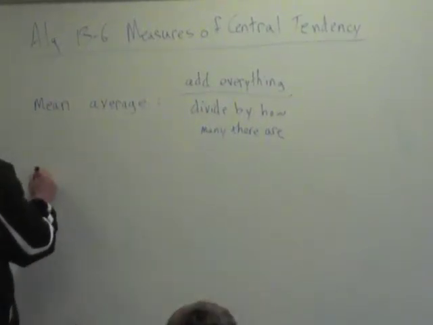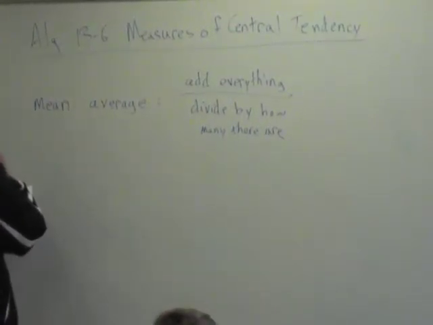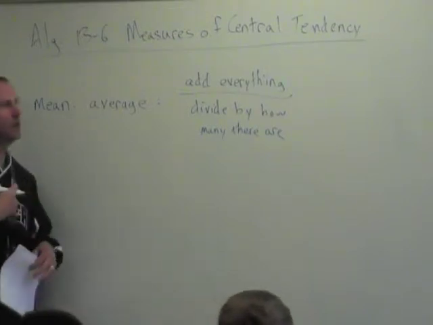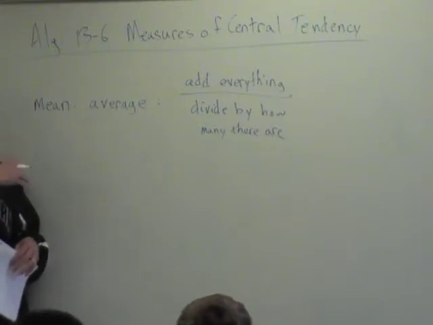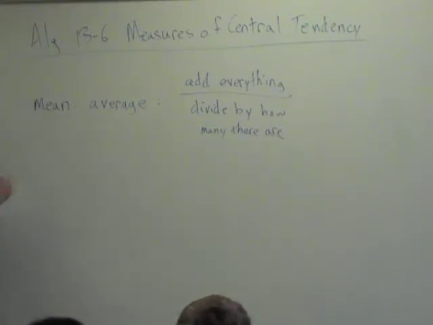Median. I'm going to go ahead and just start with the example, and I'll use the example as we go through the words. All right, so let's write this down here.